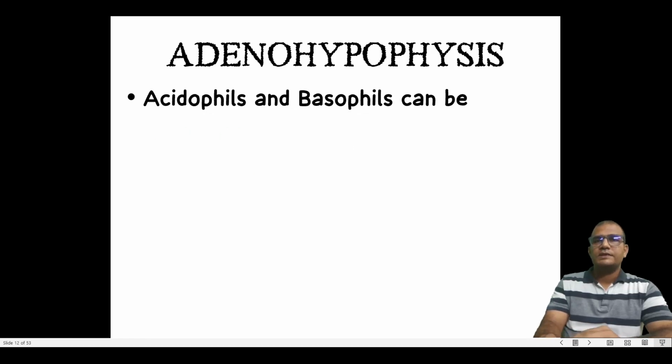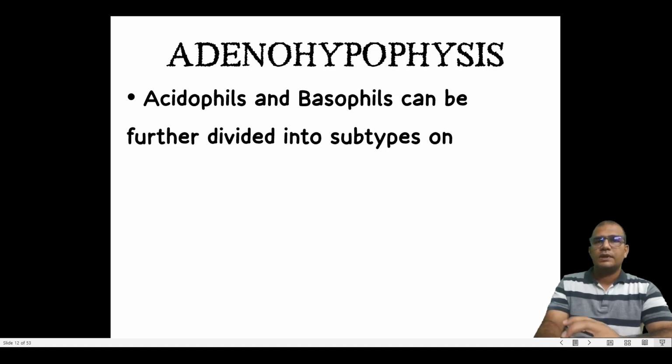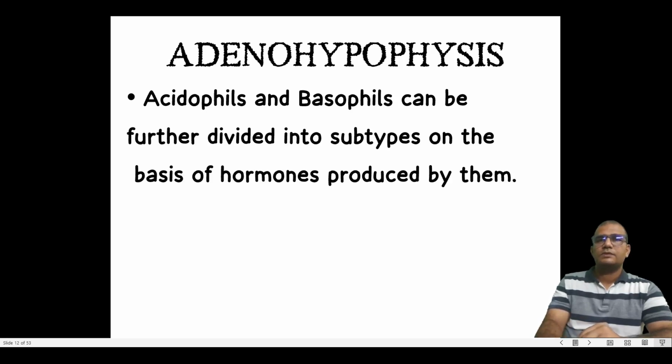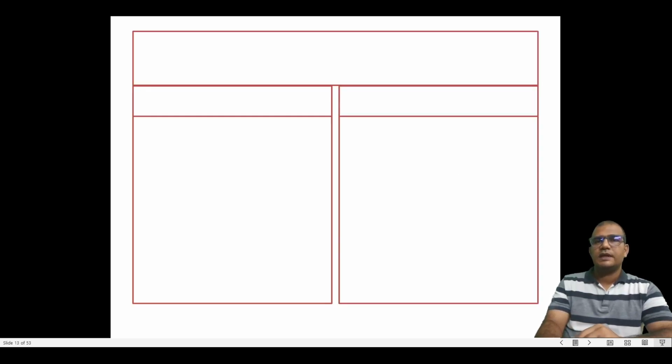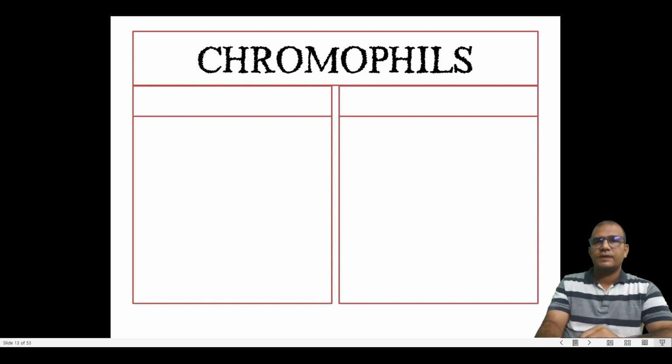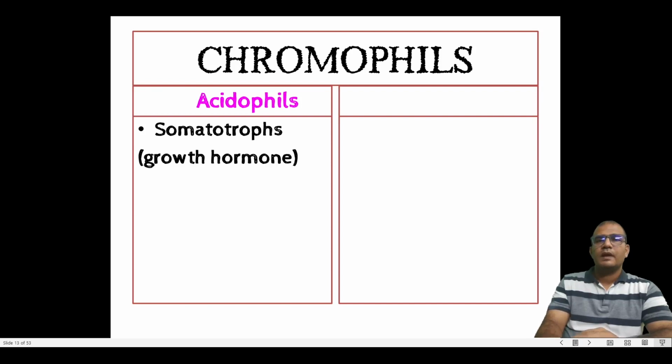The acidophils and basophils are further classified according to their secretions. So they produce certain hormones. We'll see the next slide. Chromophils are classified as acidophils and basophils. The acidophils have somatotropes, responsible for secretion of growth hormone, and lactotropes, responsible for secretion of prolactin.